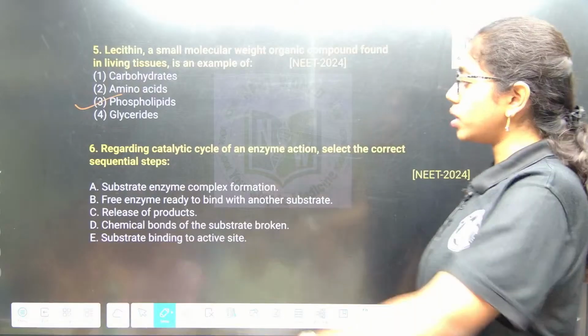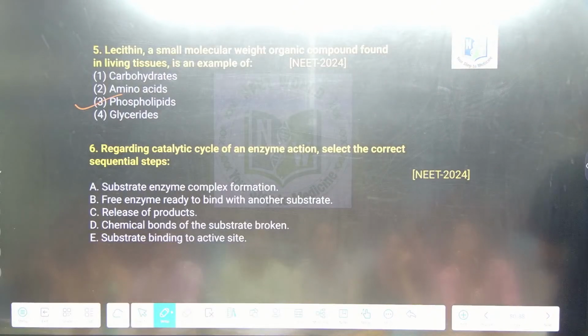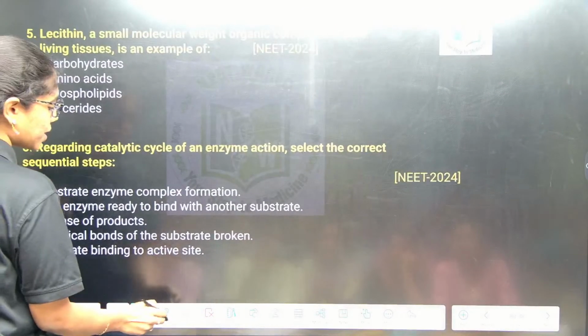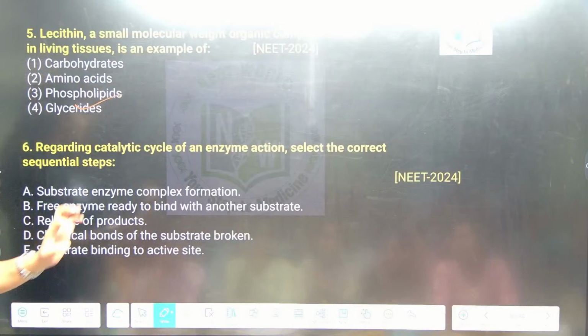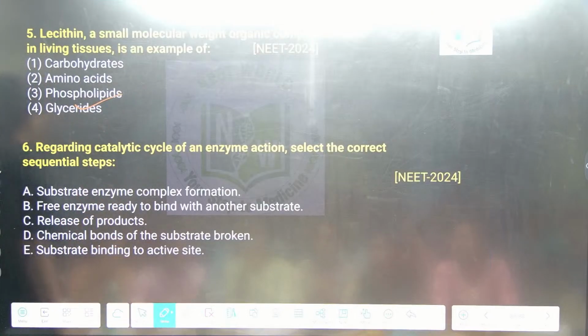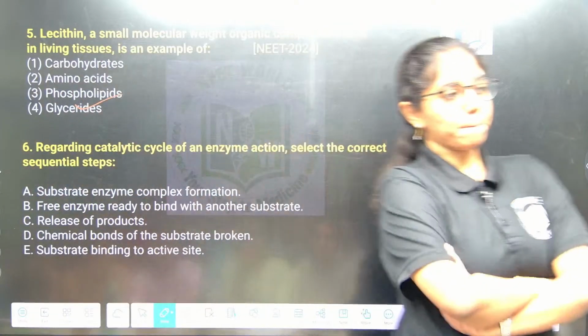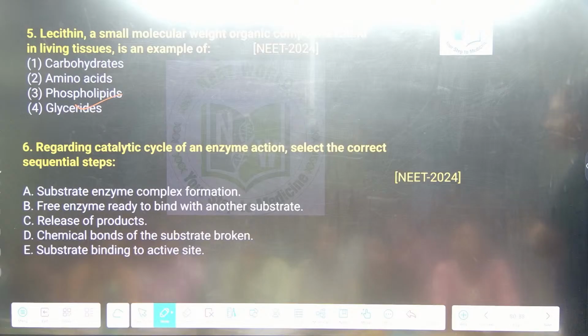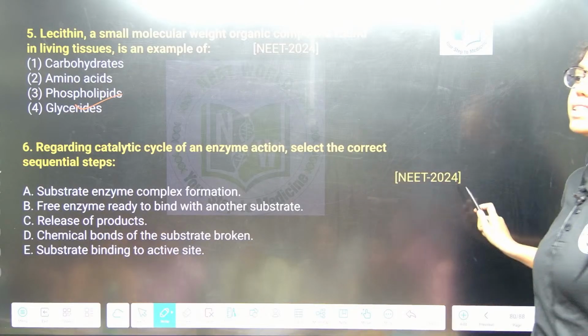Very good. Question to this team. You can answer, take time and answer. Easy only. Options are not given. You have to tell the answer. Sequence after sequence. You have to say the sequential steps.